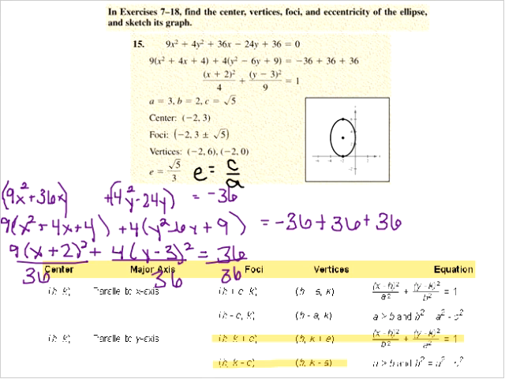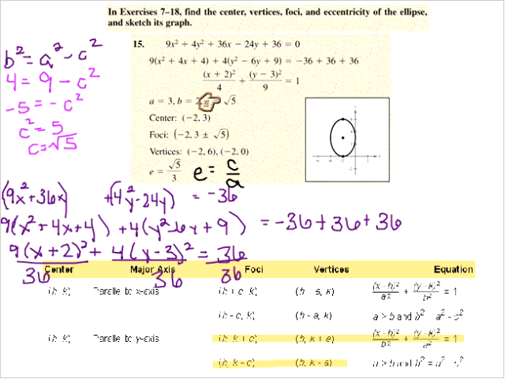In order to find c, we do c squared equals a squared minus b squared. And we know that this is 9 minus 4, which equals 5, so c equals the square root of 5.